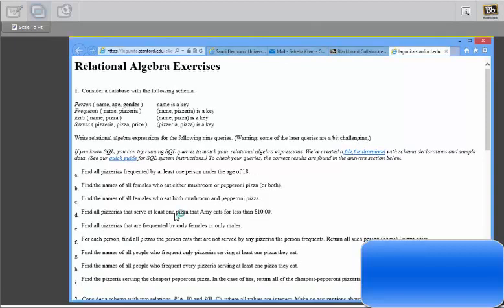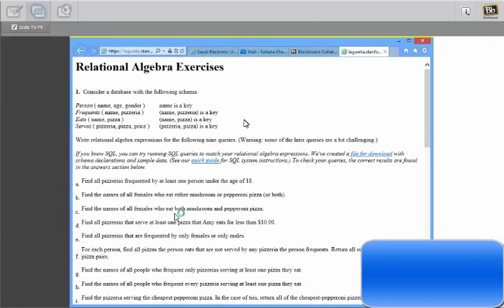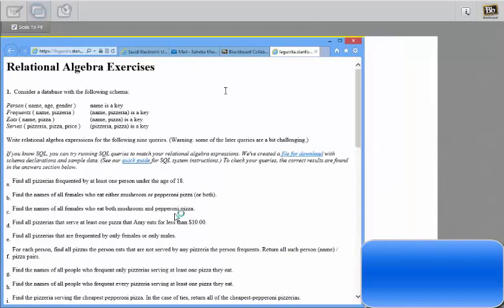So here consider the database, for example. They have given you person with name, age and gender, and name is a key, that means your primary key. Frequent, that is name and pizzeria, is a key.